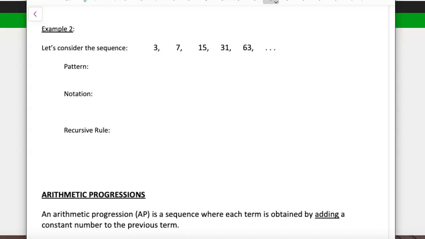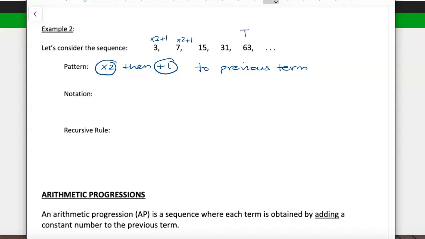In fact, what we're doing is multiplying by 2, then adding 1 to get to the next term. So 3 times 2 is 6, plus 1 is 7. 7 times 2 is 14, plus 1 is 15. We're doing this to the previous term so we can get the next term.